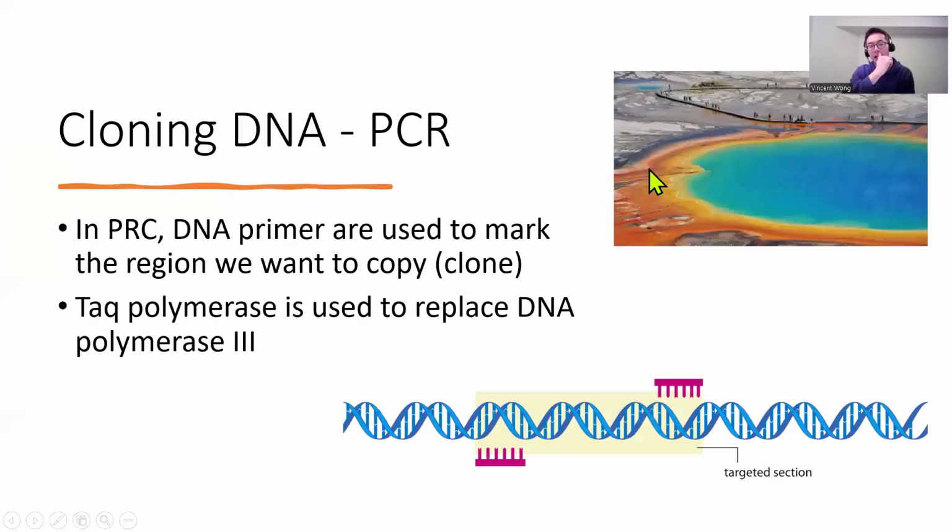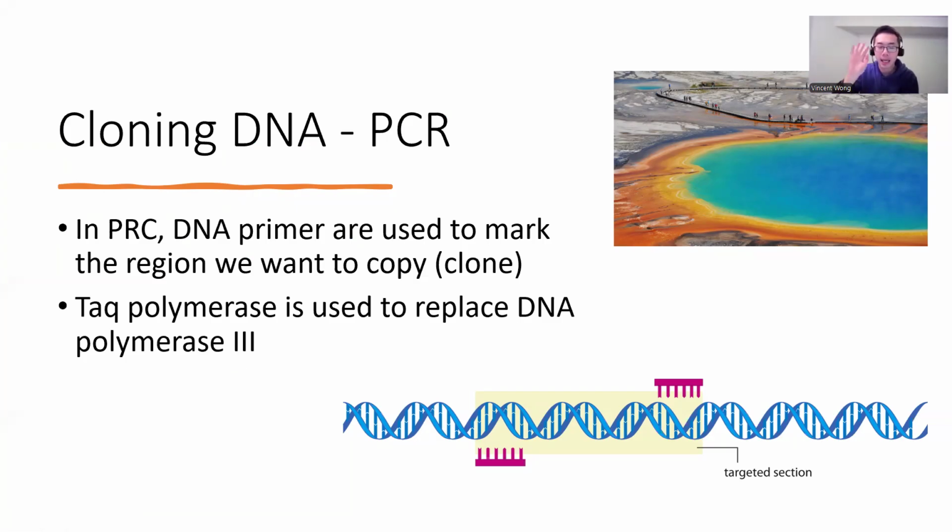Anyways, so to actually copy the DNA, you would need to have the DNA polymerase, right? But we actually cannot use DNA polymerase 3 here. Okay. DNA polymerase 3 is like the human one, right? The one in yeast as well, right?